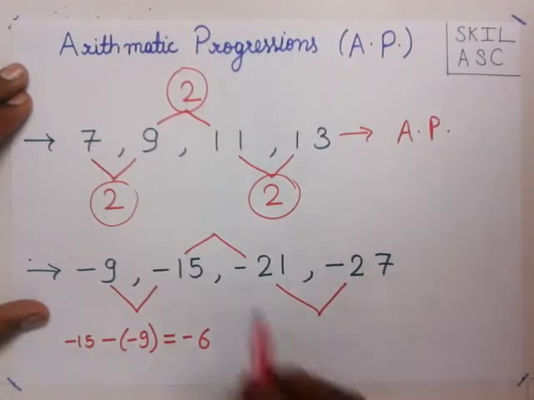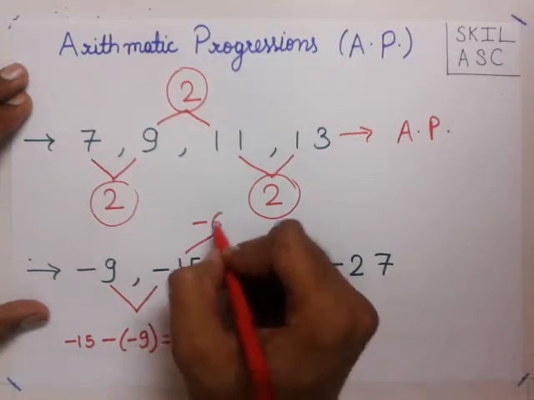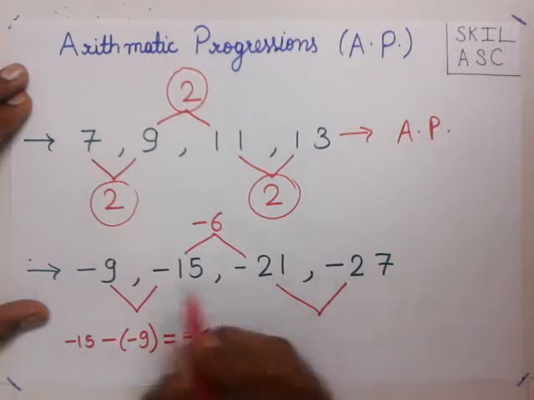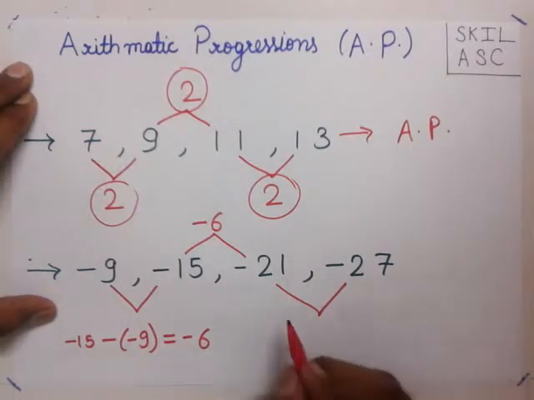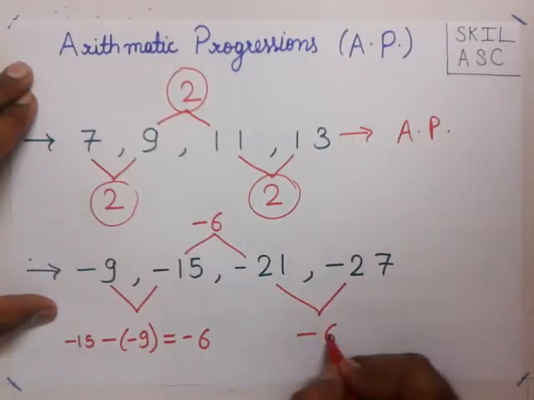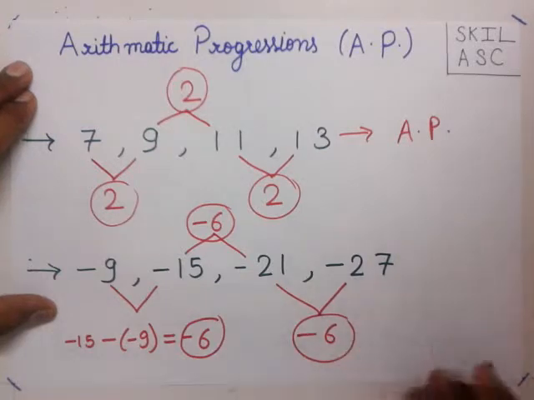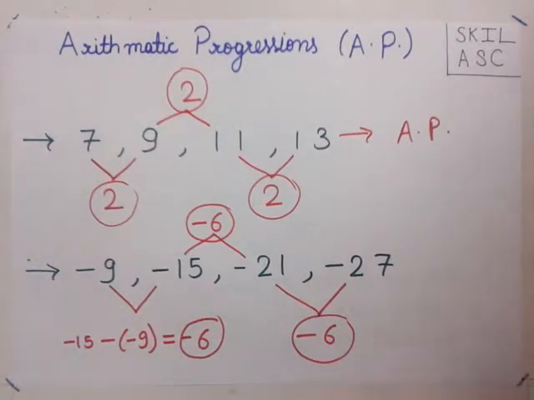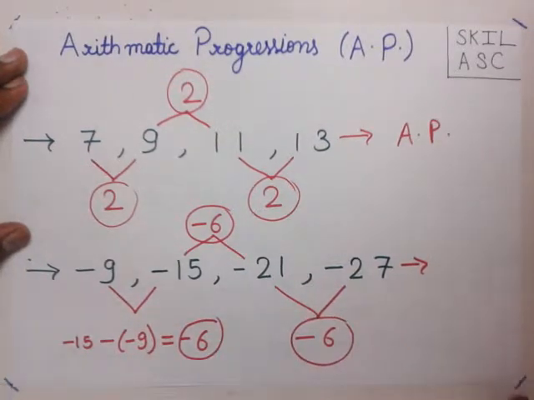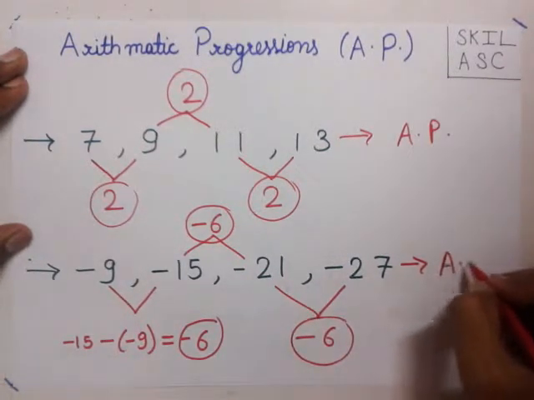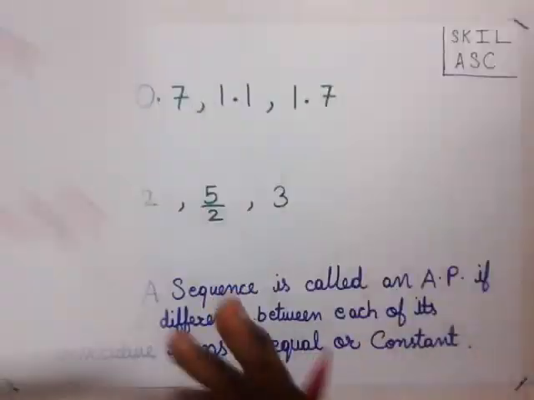Similarly, the difference between minus 15 and minus 21 is minus 21 minus 15, that is minus 6. And the difference between the last two is minus 27 minus 21, that is minus 6. You see, these all are the differences. Since all the differences are minus 6, which are equal, this sequence is an AP.